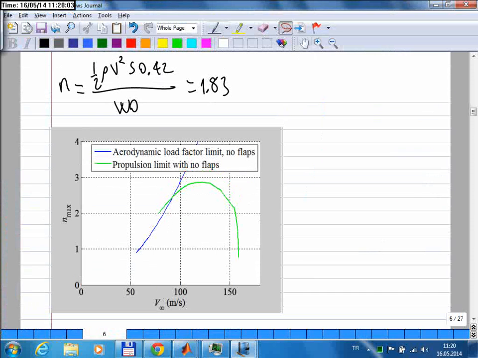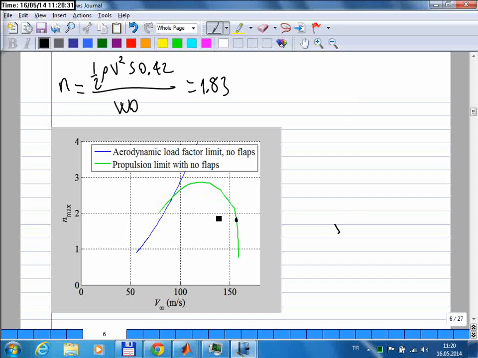We calculated this value at 156. It was 1.83. So that point was somewhere here. But it turns out that the propulsion limit is higher at lower speeds. Nevertheless, you cannot obtain a higher load factor for a sustained maneuver. So this is the maximum load factor you can have.